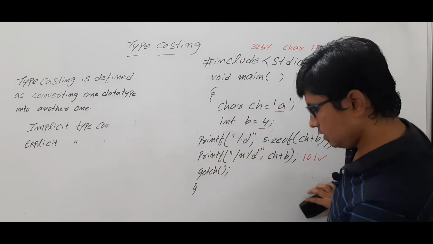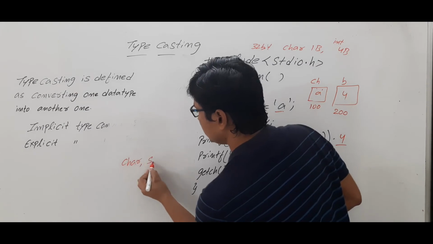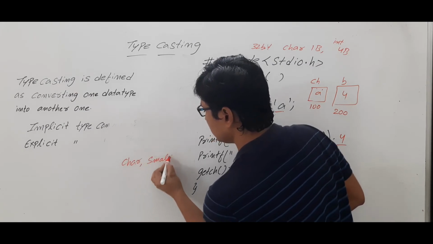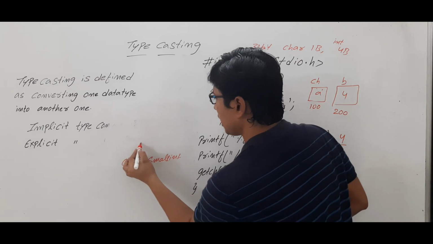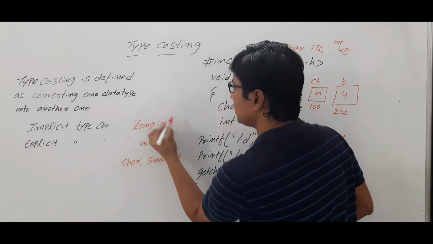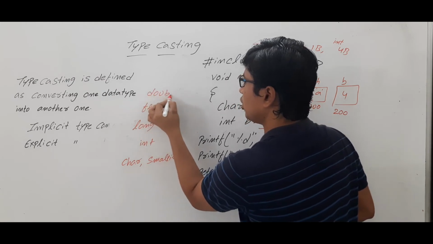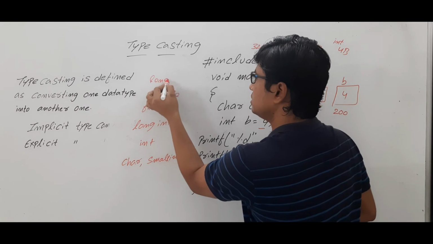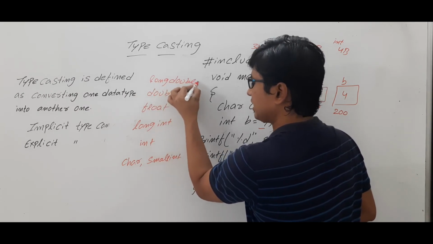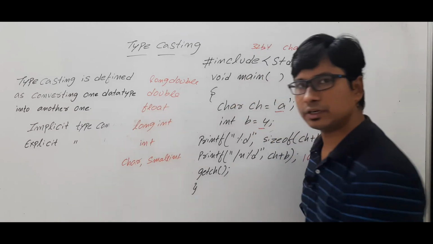Usually we will have char and small int here, and then you will have an int, then a long int, and then the float, double, long double. This is the hierarchy. So if you have a char and an int, then char will be automatically converted into an int.